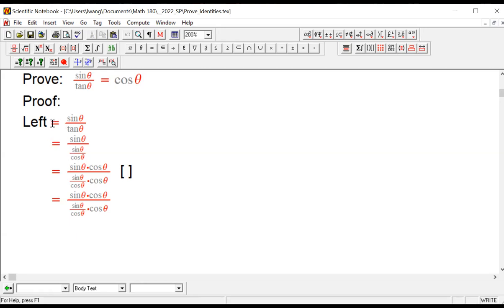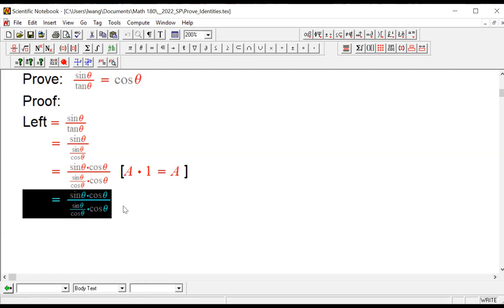From this equal sign to the next equal sign, I'm replacing tangent theta by its equal. And from here to the next step, I'm multiplying both top and bottom by the same quantity. So I'm multiplying by 1. And we know that any number times 1 stays the same.